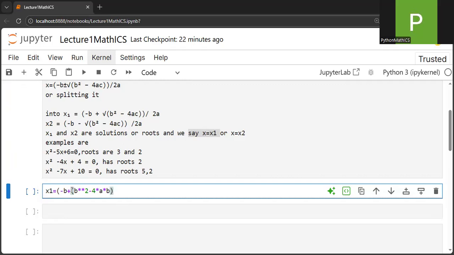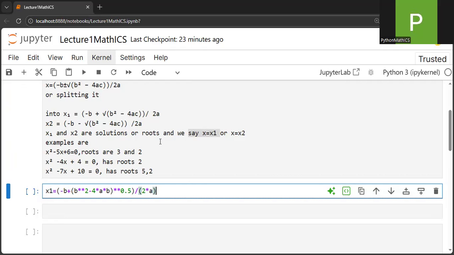Because this whole thing inside the bracket also has a power of 0.5, that is square root, we can simply write double star 0.5, and then we close the bracket, and then we again have divided by 2a. So in Python, we will write 2 star a. Okay, so this is for the first root or the first solution.